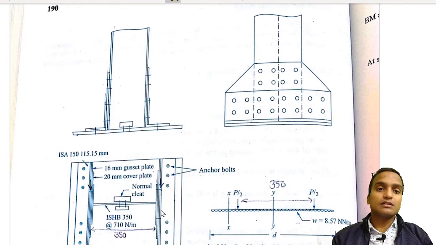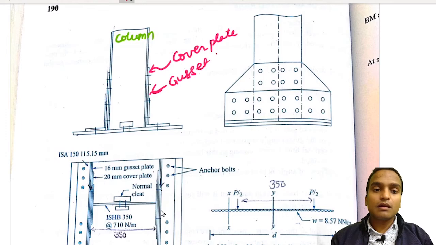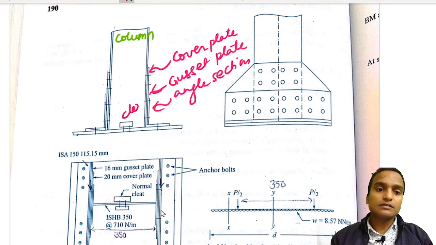Now if you see here, this is my column main member, and this is the cover plate. All right, and then there is gusset plate, and then there is angle section. Okay, and these are the cleat angles.